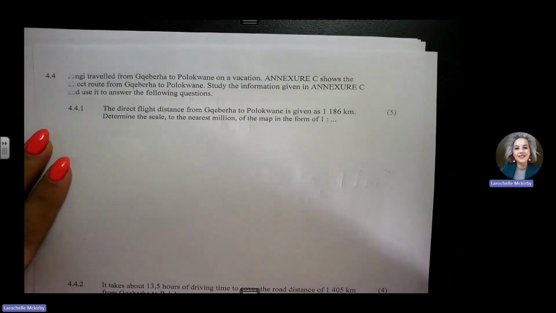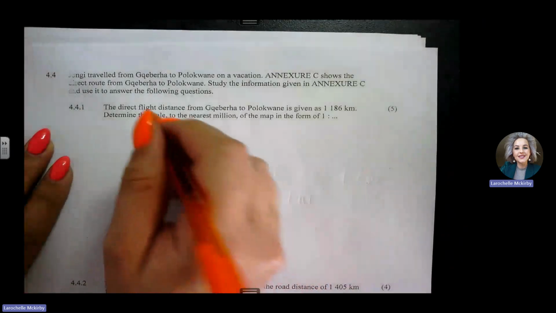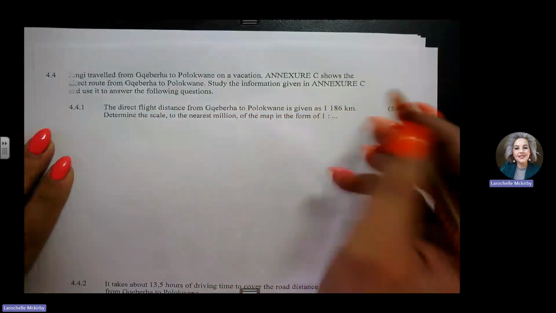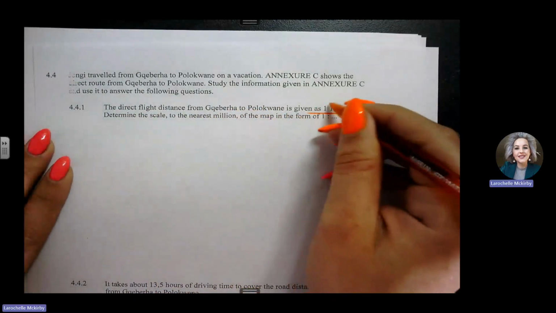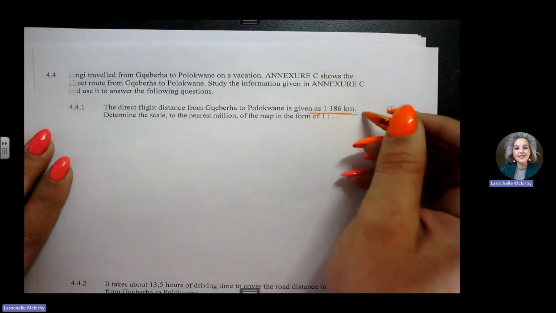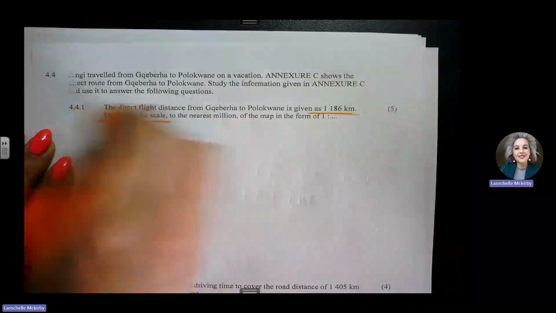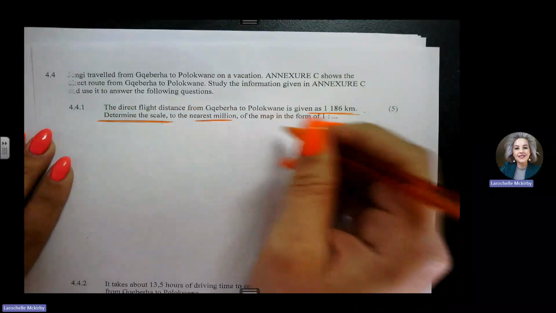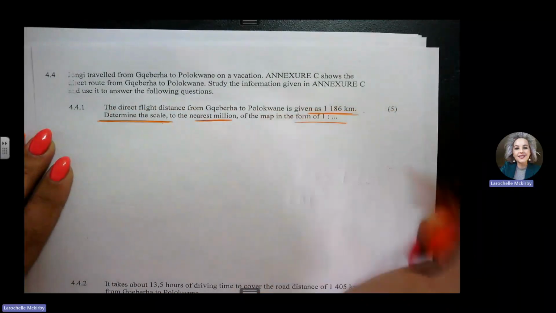Study the information given in Annexure C and use it to answer the following questions. The direct flight distance from Kebega to Polokwane is given as 1,186 kilometers. Determine the scale to the nearest million of the map in the format 1 to something.